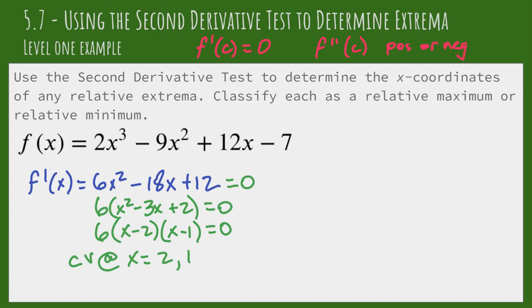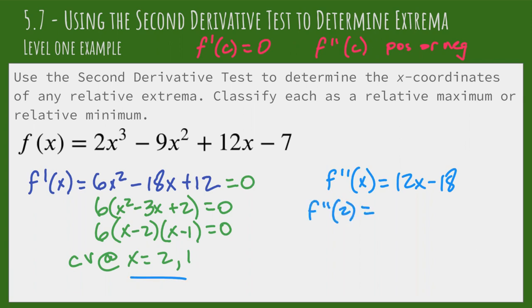Now, the second thing I'm looking for is what is the sign of the second derivative at those points. So to do that, we're going to have to take the second derivative, and then we're going to plug in these two critical values that we got where the derivative was equal to 0. So we want to know what is the second derivative at 2.